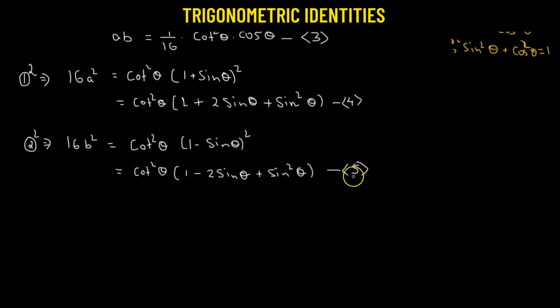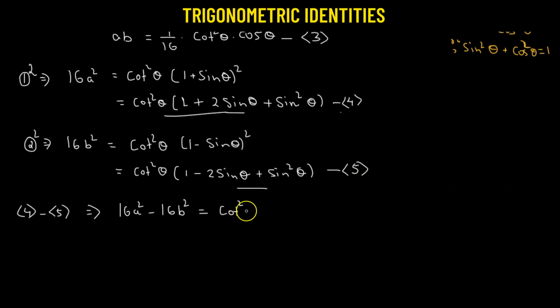Now we'll take equation number 4 and from it subtract equation number 5. This gives us 16a squared minus 16b squared, which will be equal to the right hand side of 4 minus the right hand side of 5. We have a common cotangent squared theta, and this is going to give us 4 times sine theta.